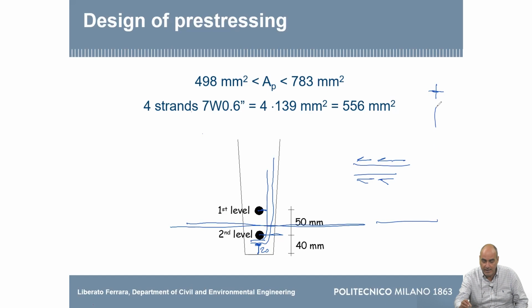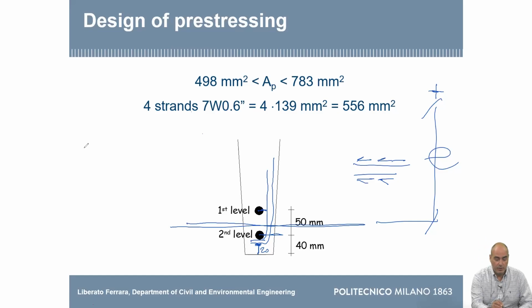So your e is like this. If you sum up, this is 40 plus 25, which is half of 50, you are at 65 from the bottom. You remember what we said.